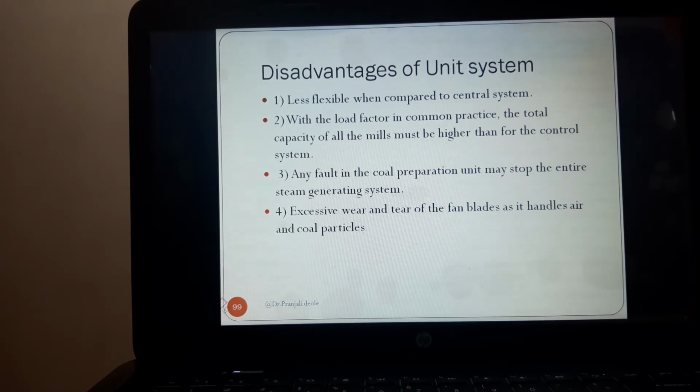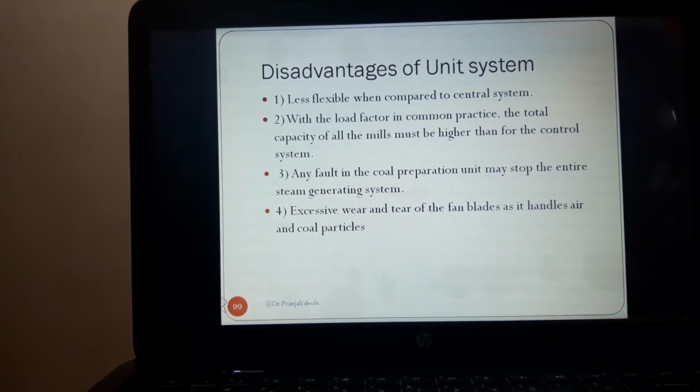Here the mills operate at variable load, a condition not especially conducive to best results. Any fault in the coal preparation unit may stop the entire steam generating system. There is excessive wear and tear of the fan blades as it handles air and coal particles both. Flexibility is less in the unit system than in the case of the central system.